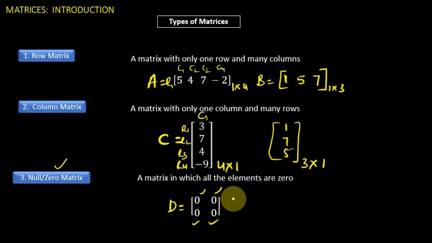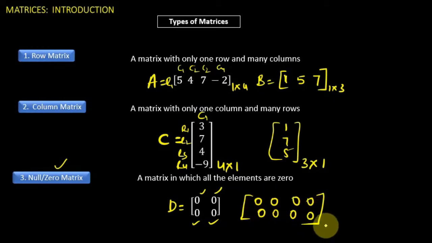Even I can take a 3 cross 3 matrix, anything. One more example: 0, 0, 0, 0, 0, 0. The order of this matrix is 2 cross 4. But even this is a null matrix or zero matrix. Why? Because all the elements are zeros. Right? Now we'll see the next type of matrix.